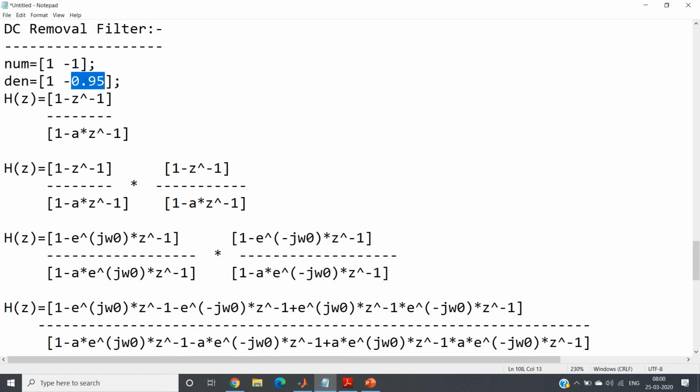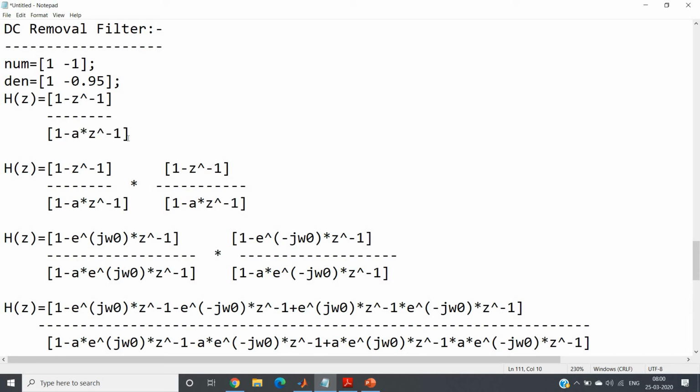The transfer function we get from this numerator and denominator is quite simple: H of z equals 1 minus z to the power minus 1 over 1 minus a z to the power minus 1. Here instead of 0.95 I have taken a to generalize it.